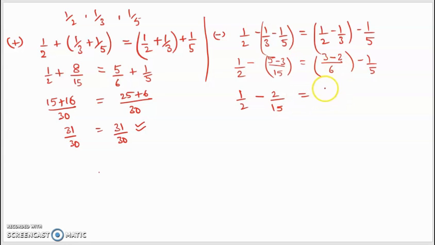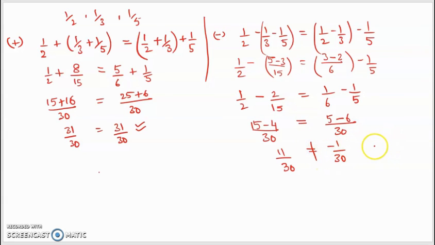Taking LCM 30 on LHS, I get 5 minus 6. On RHS I get 30 as LCM, and I get 15 minus 4. So on LHS I get minus 1 by 30, while on RHS I get 11 by 30. So it clearly shows that it does not follow the associative property. So for rational numbers, subtraction does not follow the associative property.